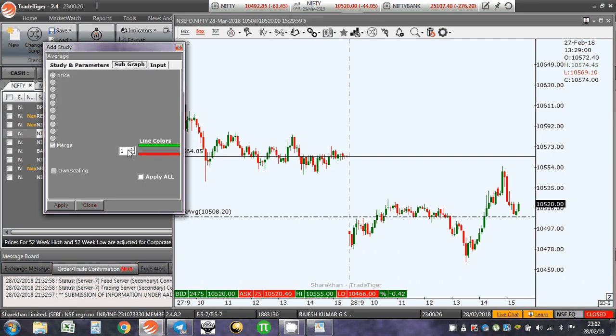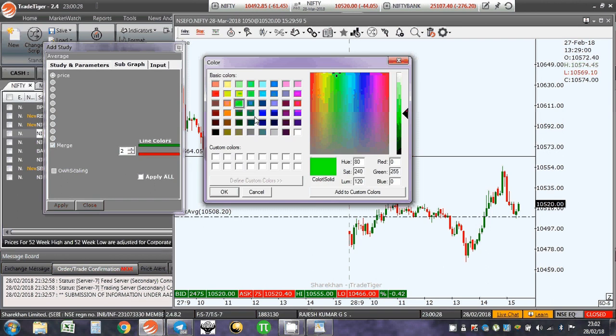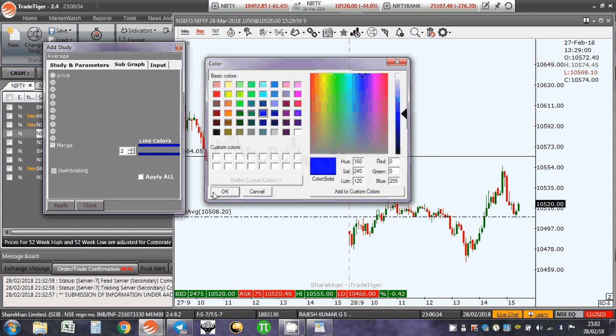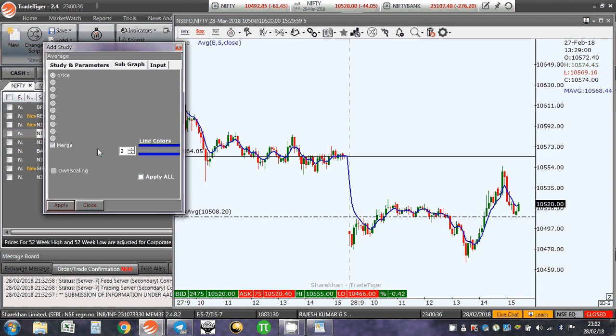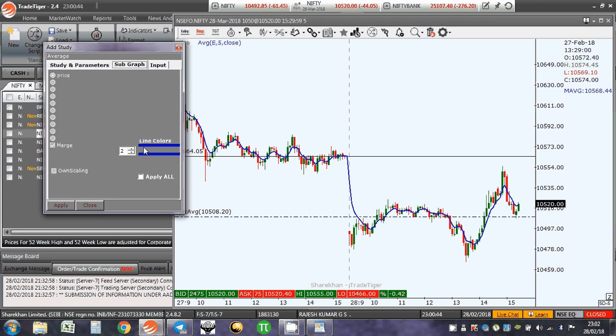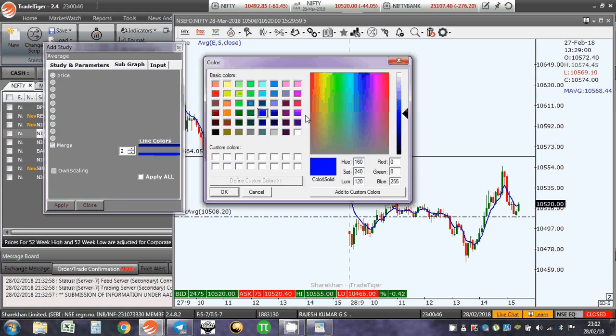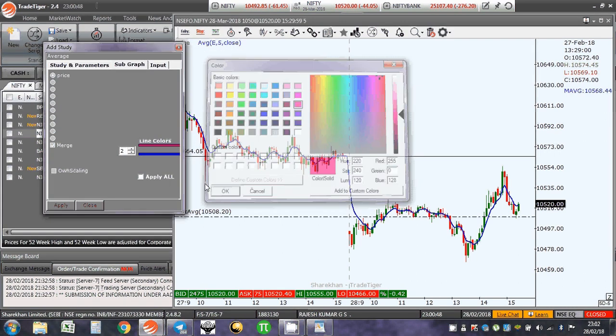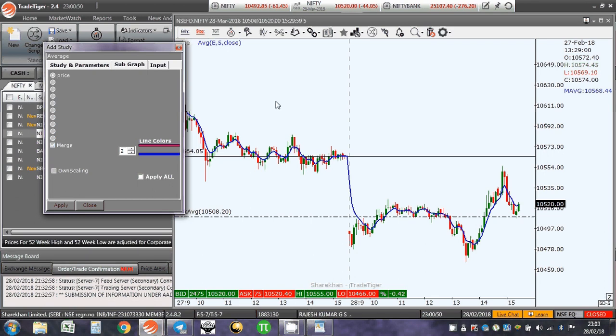I'll use blue, apply, and the second one I'll use exponential 10. For that I'll use another color, which I regularly use. I'll just put it on.